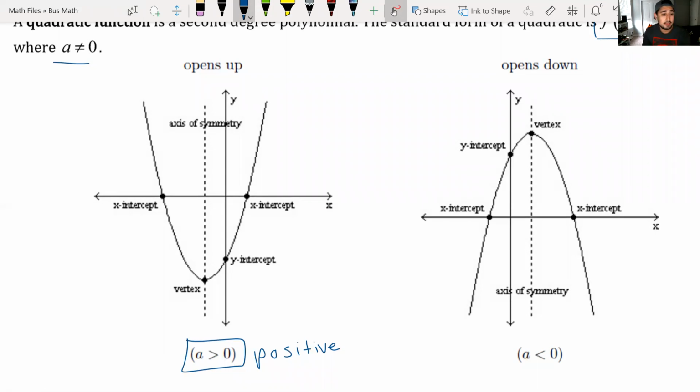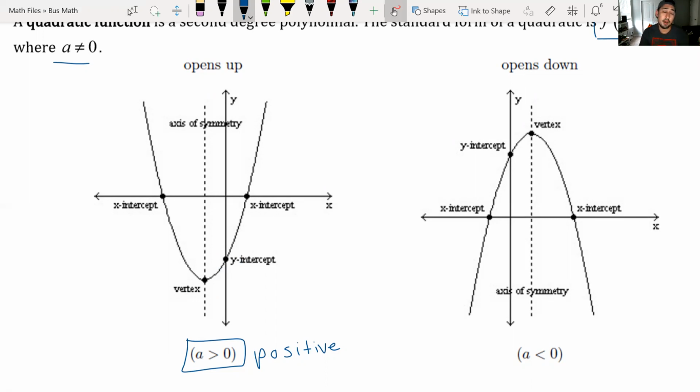First off, the main point of the parabola is the vertex. So that is right here. That's the vertex. You will always have a vertex, okay? And then you will definitely always have a y-intercept. You will always cross the y-axis. So you'll always have a y-intercept. And now, x-intercepts.